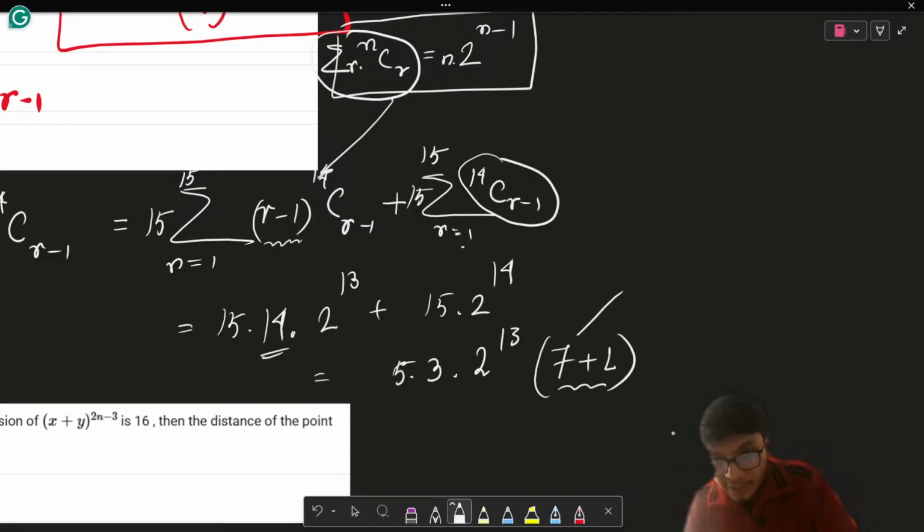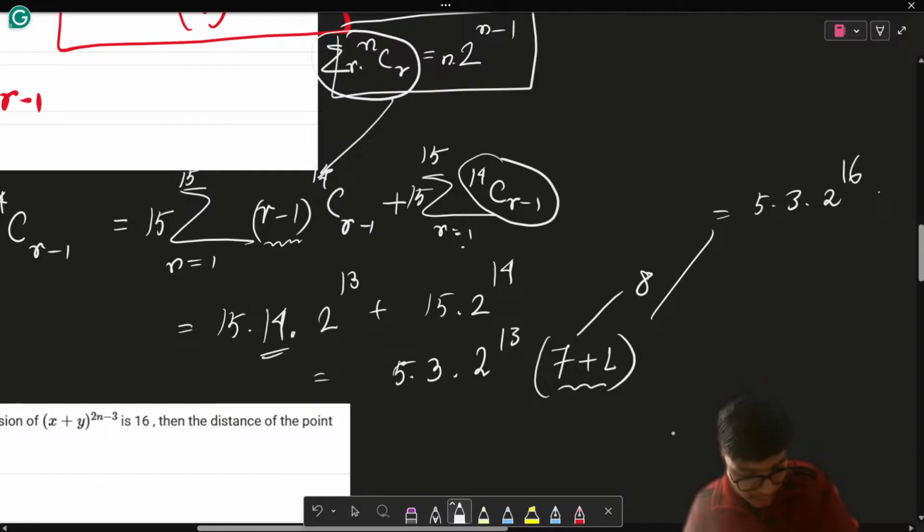So 7 plus 1 is basically going to be 8, and this will make the term 5 into 3 into 2 to the power 16, right?